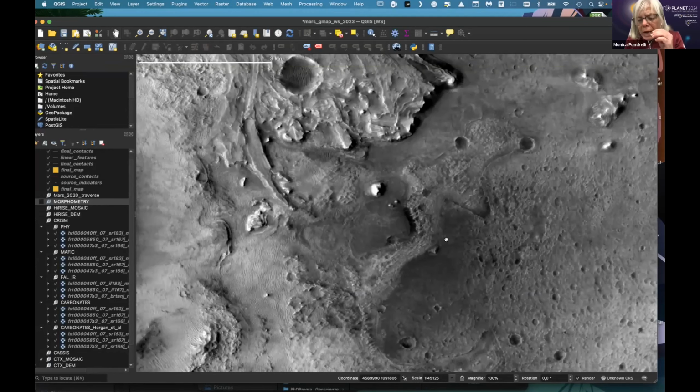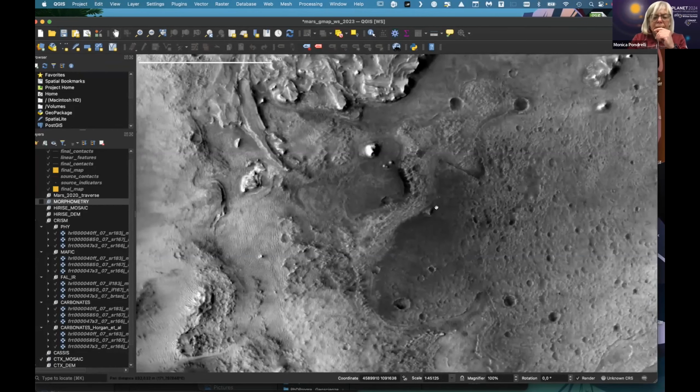There are basically two ways to map this unit. The easiest one is just to select the largest outcrop and create polygons with it, like this.